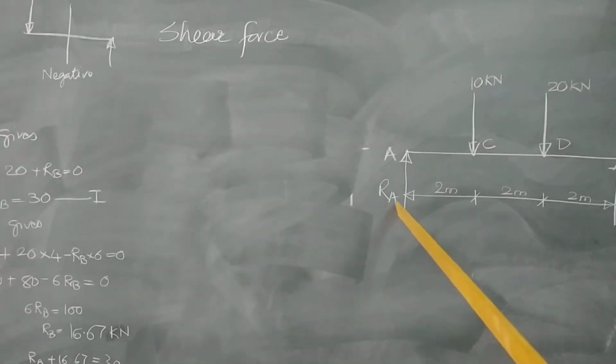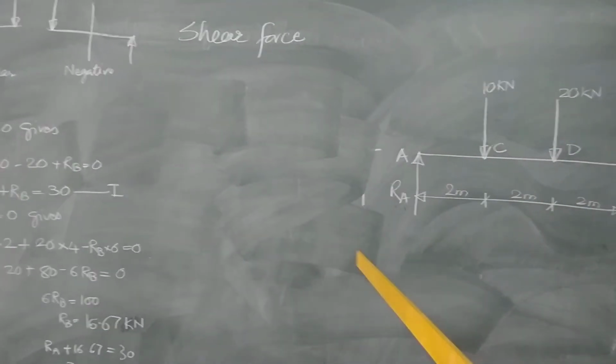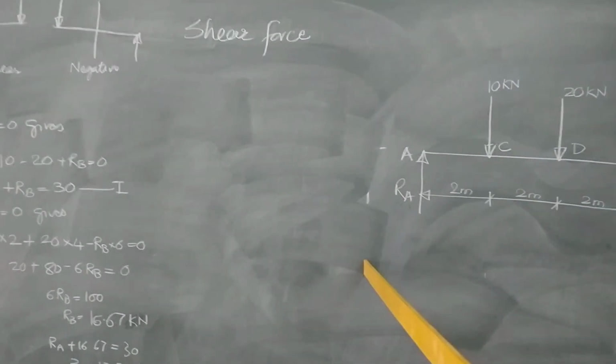Taking moment about point A, RA into 0, 0, 10 into 2, because this is clockwise moment, so it is positive.